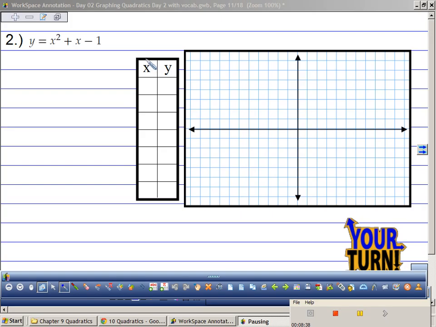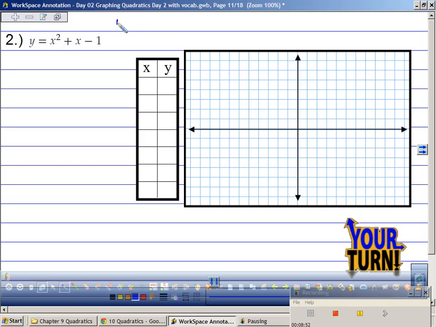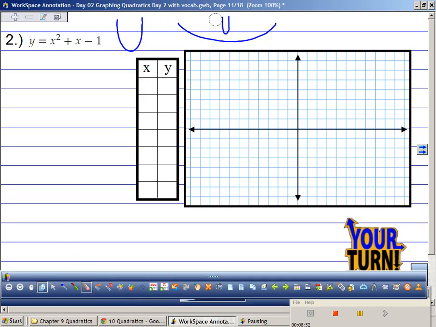Okay, so before we start, let's look at the behavior. What's this graph going to look like? It's going to be going up, and there's nothing in front of the x, so it's going to be a normal looking one. It wouldn't be wide like this, or really, really skinny like this. It's going to be normal, right?